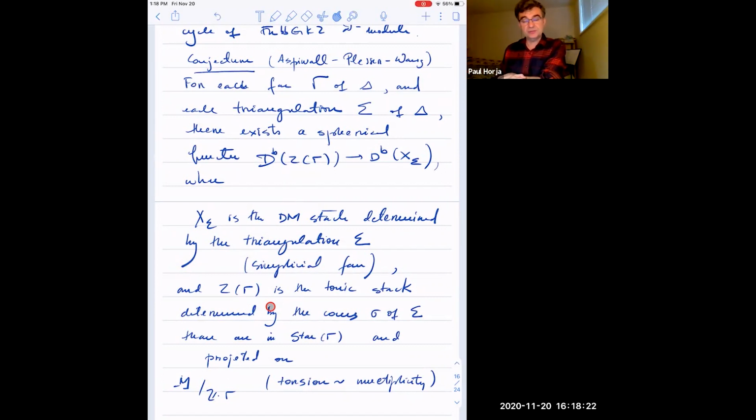Toric Deligne-Mumford stacks, sorry. The torsion is understood. In other words, instead of working with the lattice, you work with a finitely generated abelian group. That's one thing. And the other observation is that the BBGKZ that we defined is actually defined exactly to capture the torsion case. So we do not have to start with N a lattice, but we can start with N being, again, a finitely generated abelian group.